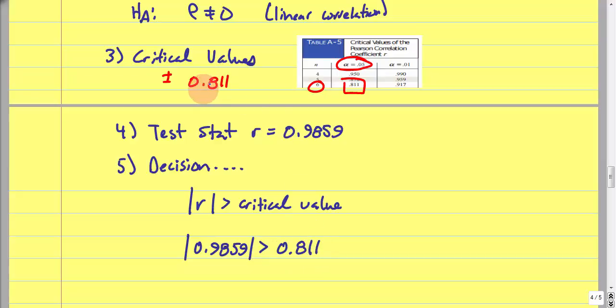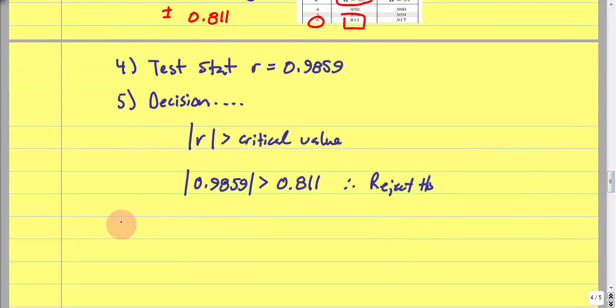I could have done the negative here, but it doesn't really make sense because I'm looking at our absolute value, so I just always look at the positive. Therefore, we would reject H0. That would be our decision. And because we reject H0, when I talk about my summary, it's appropriate to use linear regression.